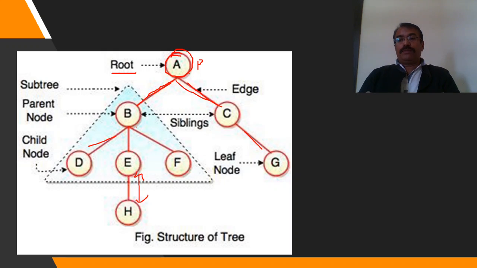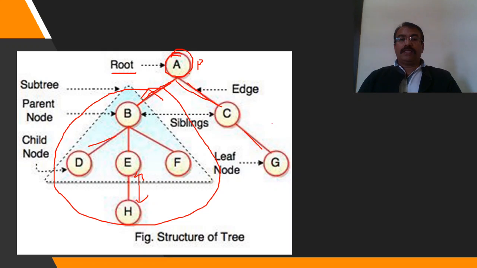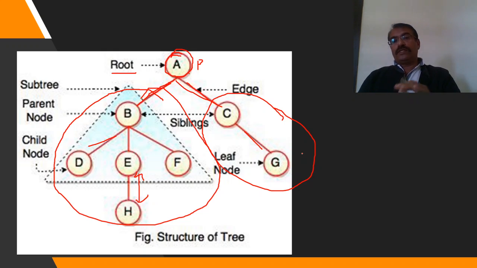But that whole subtree will be the child of some higher level node. So in this case, B is the child of A, but you can see this itself is a subtree, and this is another subtree. So A is leading to two nodes, B and C, whereas B is the root of one subtree and C is the root of another subtree.